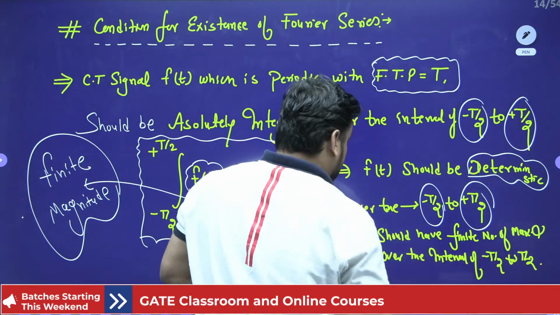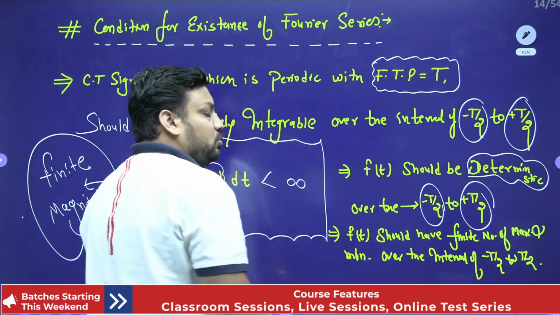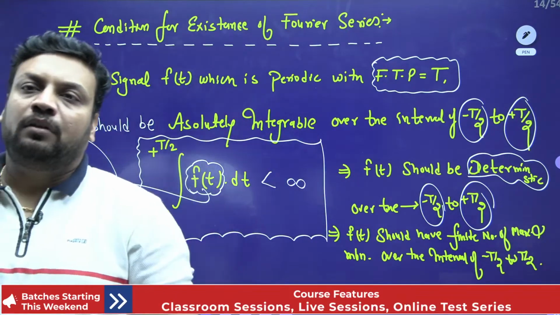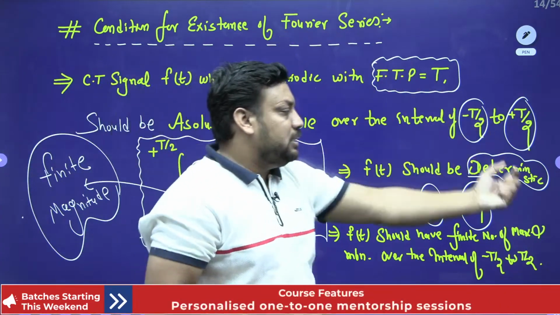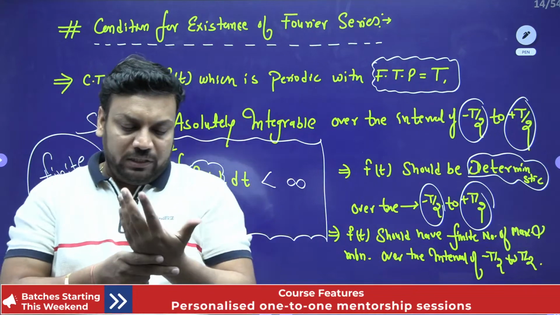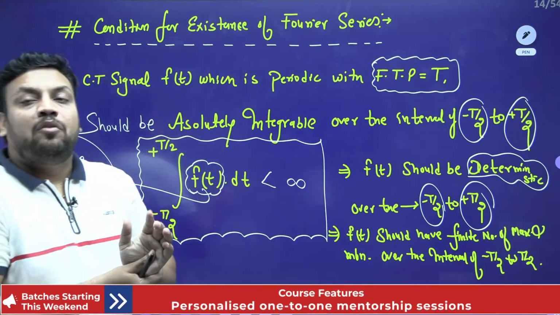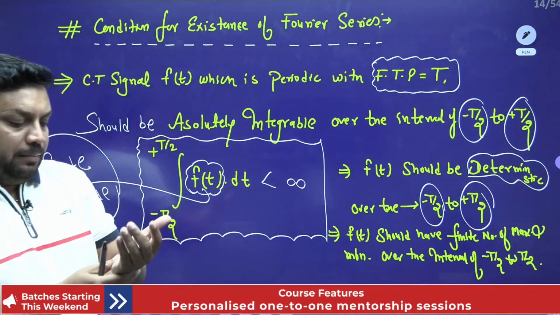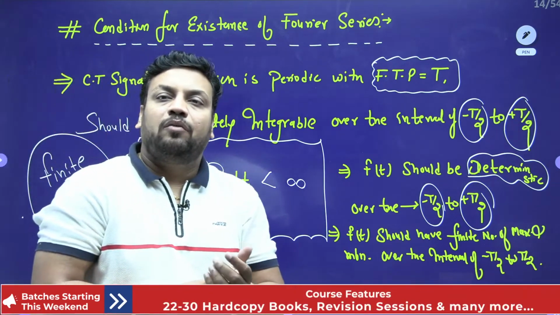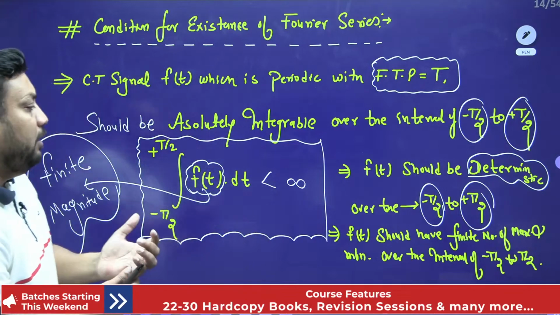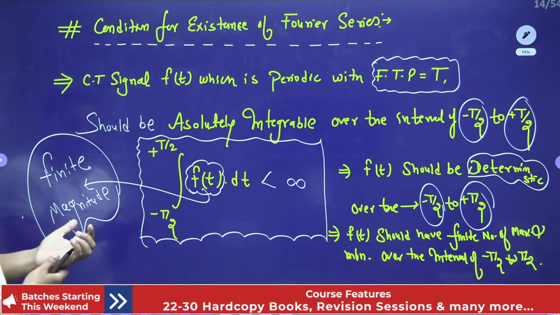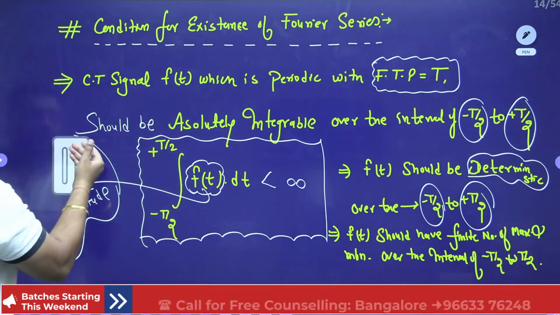I think these two statements are visible. So what did we say? f(t) should be deterministic over the interval of minus T by 2 to plus T by 2, and f(t) should also have a finite number of maxima and minima over the interval minus T by 2 to plus T by 2.